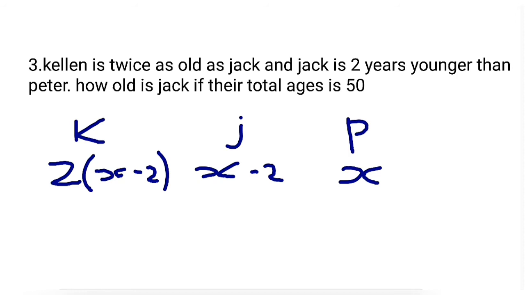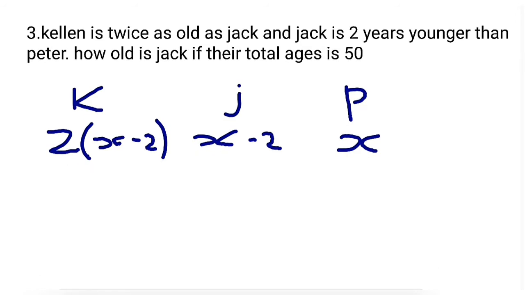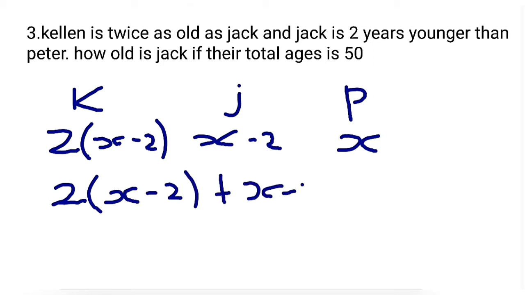Their total ages is 50. So we should add all their ages and we get 50. So we shall have 2 in bracket x minus 2, plus x minus 2, which is the age for Jack, plus x, which is the age for Peter, should give us 50.